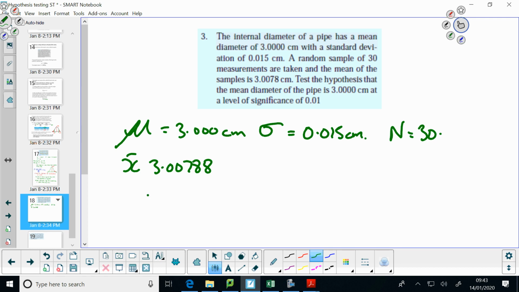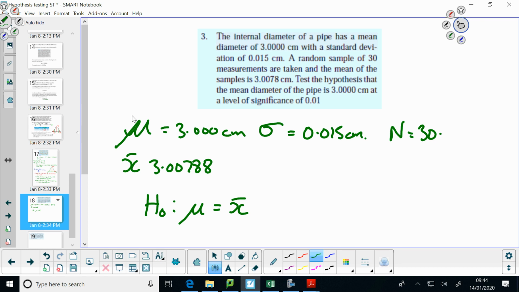So what's the null hypothesis here? Mu equals x bar.